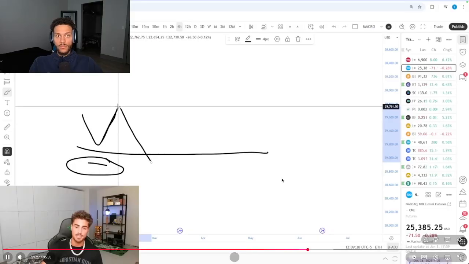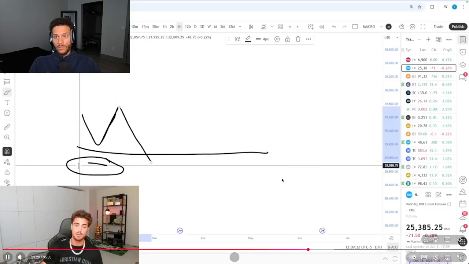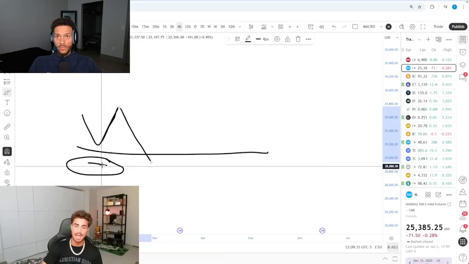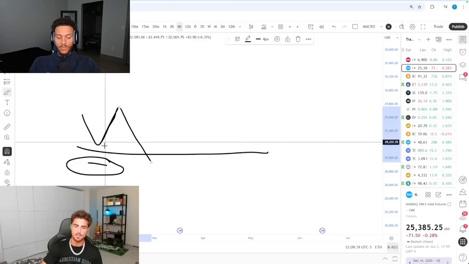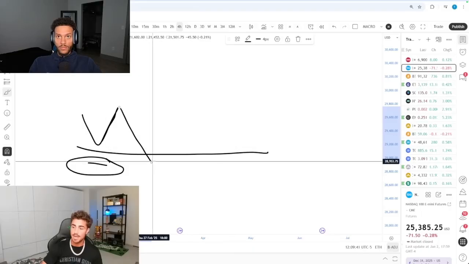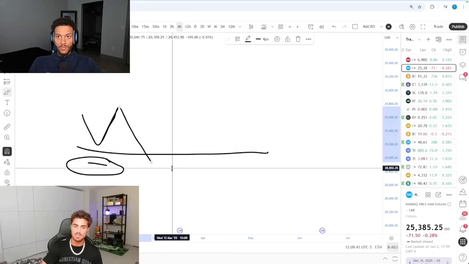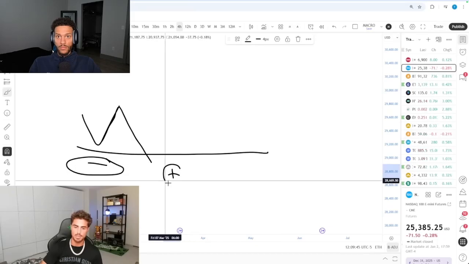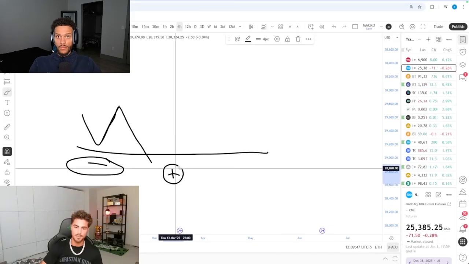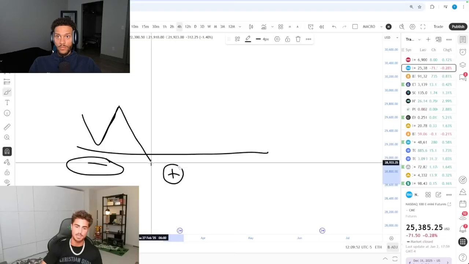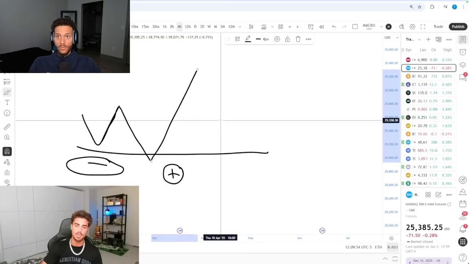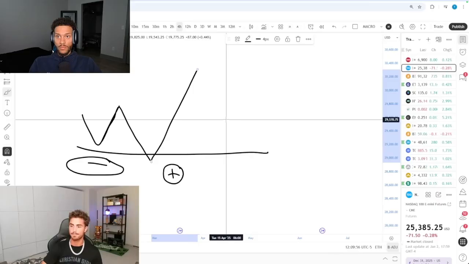Those people that were in buy positions are forced to sell their positions back at a loss. And then there's the people that are entering into sell positions because they're saying, hey, a downtrend has started. What does that give the market makers the opportunity to do? Fill their massive amount of buy orders. Why? Because there's a massive amount of people that are entering into sells here. And then that gives them the opportunity to push the market higher.